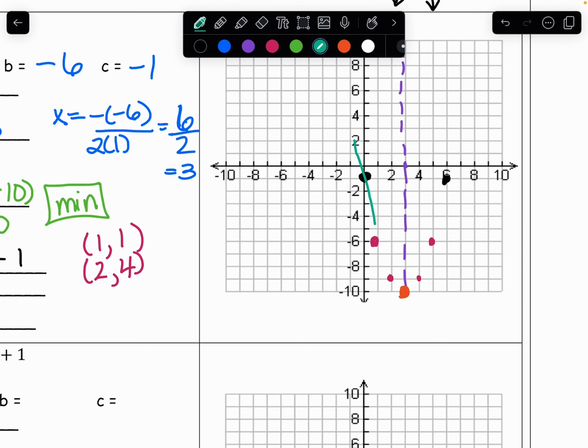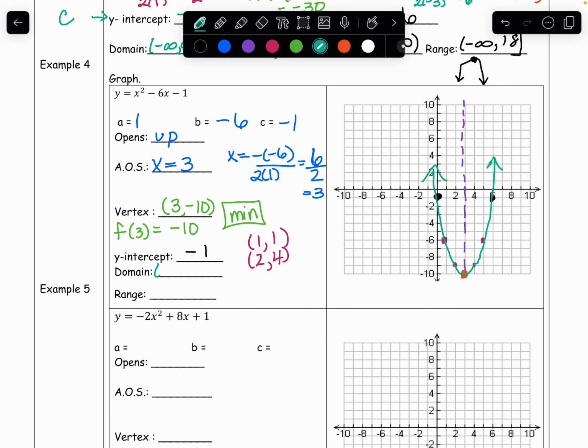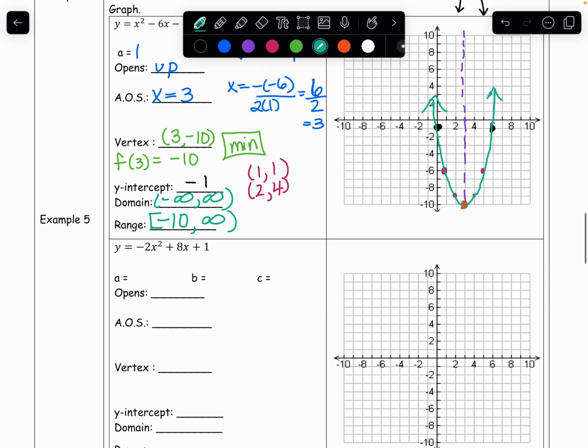So I'm going to connect my points. Make sure it does curve, and then don't forget those arrows. And so our domain is negative infinity to infinity, and our range is going to be bracket the y value of our vertex to infinity.